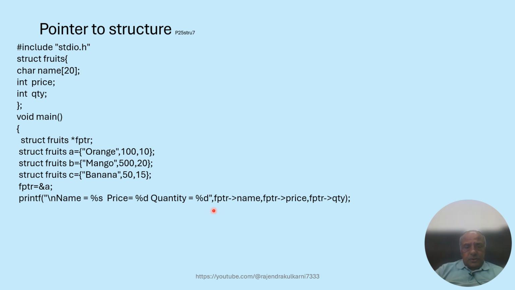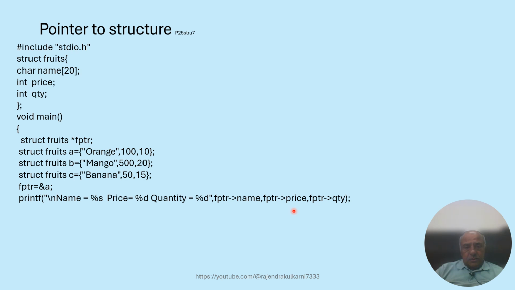When we use a structure pointer, that structure's elements can be accessed using the pointer, as we have found out in this case. fptr is assigned with the address of A, so fptr arrow name will give us the value assigned in these assignment statements of struct fruits for the structure element name, which is orange.